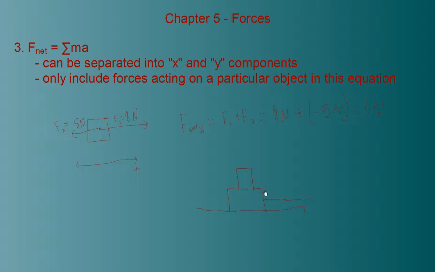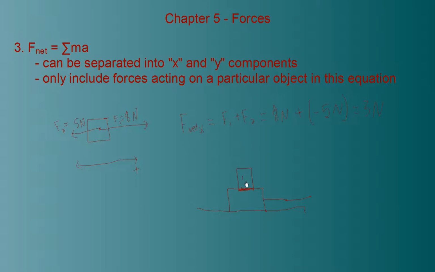Here's a rope. And let's say there's friction between the two surfaces. I'm really getting into some advanced force stuff, which you're going to see in chapter 6. So don't let all of this confuse you right now. You don't have to worry about this so much right now, but I'm just trying to illustrate that you only include the forces acting on a particular object.